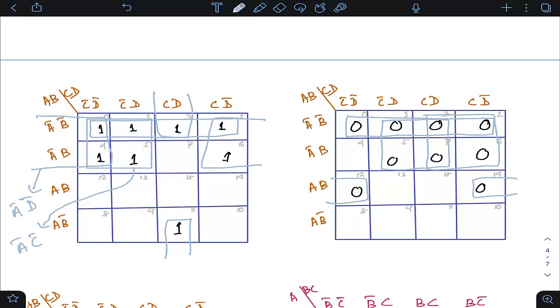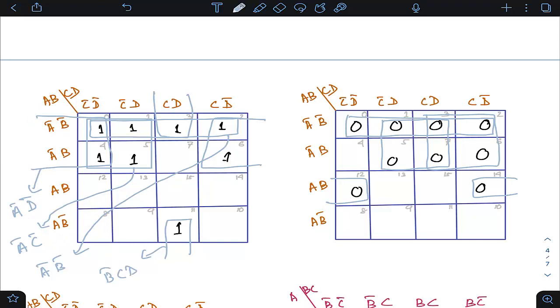And what you'll be getting from this one, the horizontal quad? This is under the row A bar, B bar, and you don't get anything from the column because the column value is changing. And lastly for this pair, this is under this row and this row. So B bar is constant and the column value is CD. So B bar CD. All right.